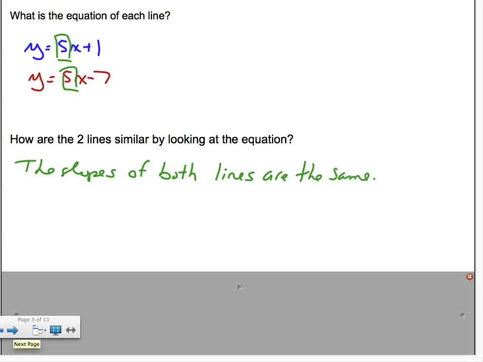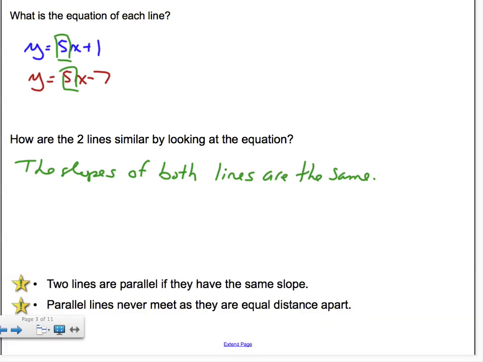Okay? So when that happens, we get parallel lines. That's how you can determine that two lines are parallel, just by looking at their slope. I think this is written down already under the summary. Two lines are parallel if they have the same slope, so you can tell just from the equation that the two lines are parallel.